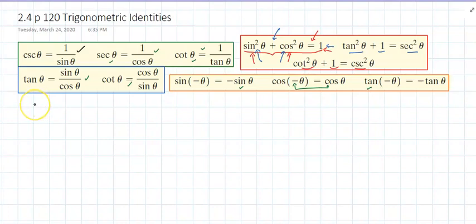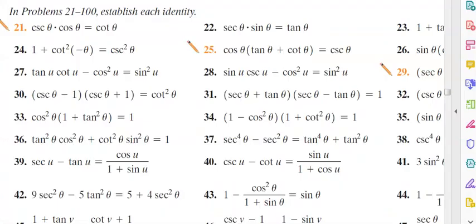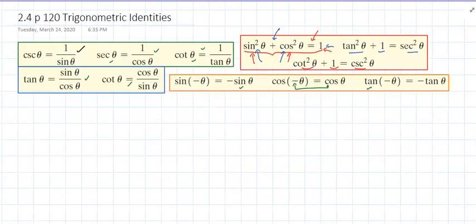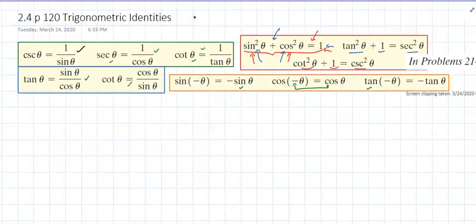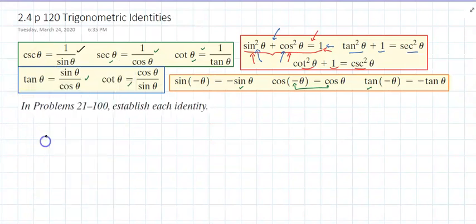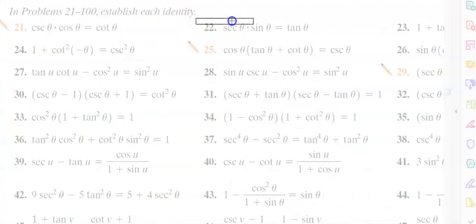So, we're going to jump and start looking at number 21 to 100. And that is on page 126 in our book. And the directions: establish the following identities.